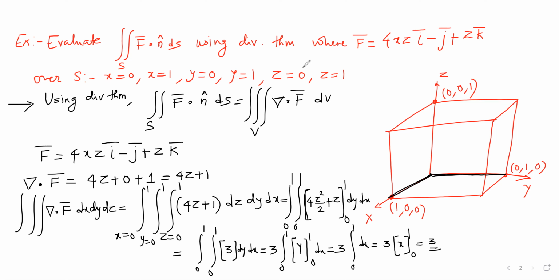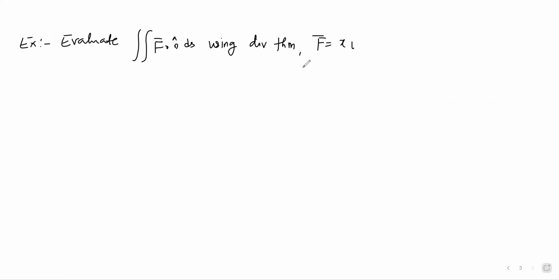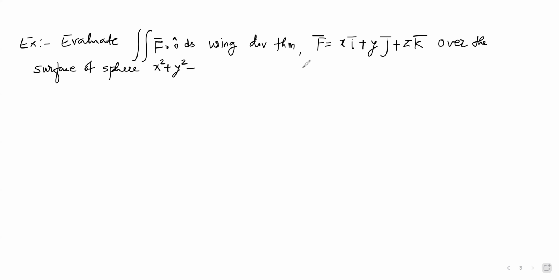Now let us take the next example. Evaluate the double integral of F bar dot n cap dS using the divergence theorem, where F bar is x i bar plus y j bar plus z k bar, over the surface of the sphere x square plus y square plus z square equal to a square.